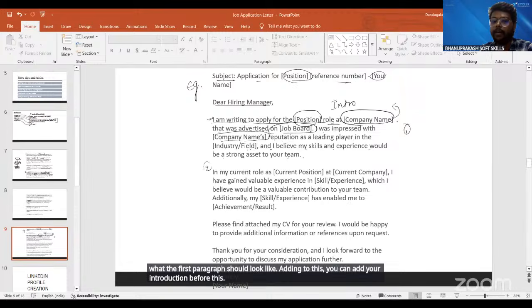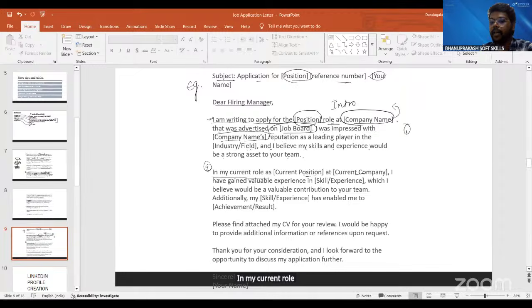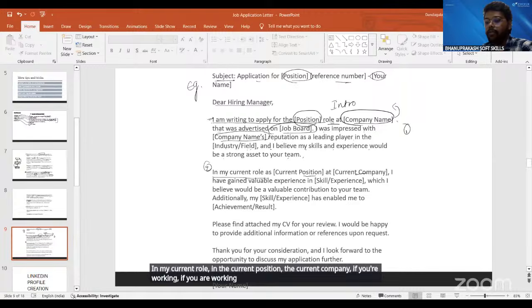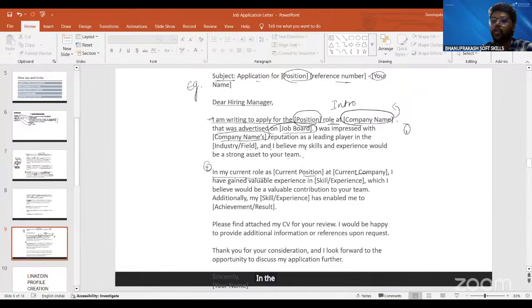And now coming to the second paragraph: in my current role, the current position, the current company, if you're working, or else if you're a fresher, then you can use different lines. Or if you have already worked previously, then you can use in my previous role, in the previous company. So according to your situation, you can change it.